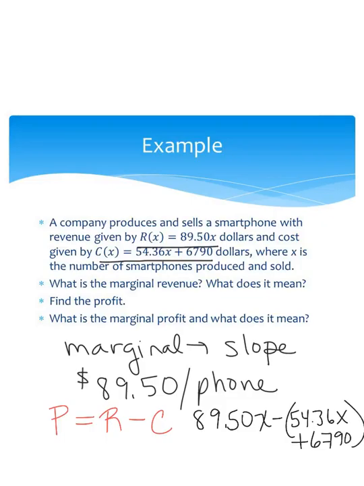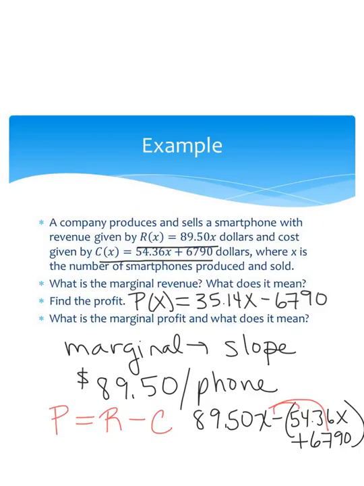And we'll go ahead and simplify it. So our profit equation, P of x, is going to be 35.14x minus 6790. Remember that you need to distribute that negative sign to each thing inside of those parentheses.